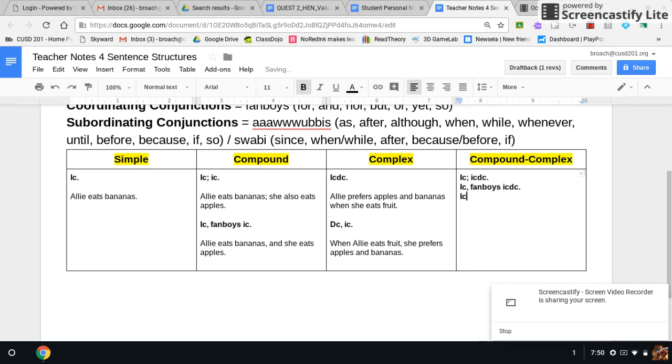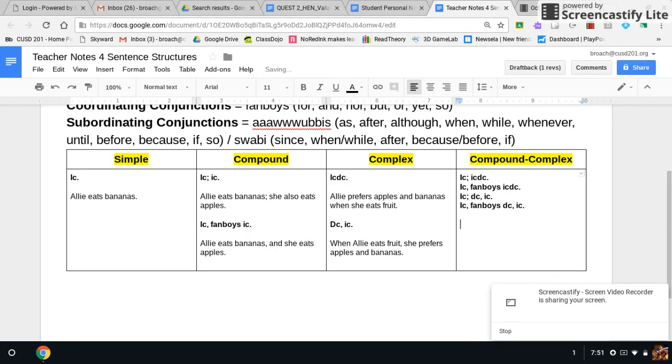You could have IC semicolon DC, comma, IC. Or you could have IC, comma, fanboys, DC, comma, IC, period. Now you could also have really any combination of these four switched around.